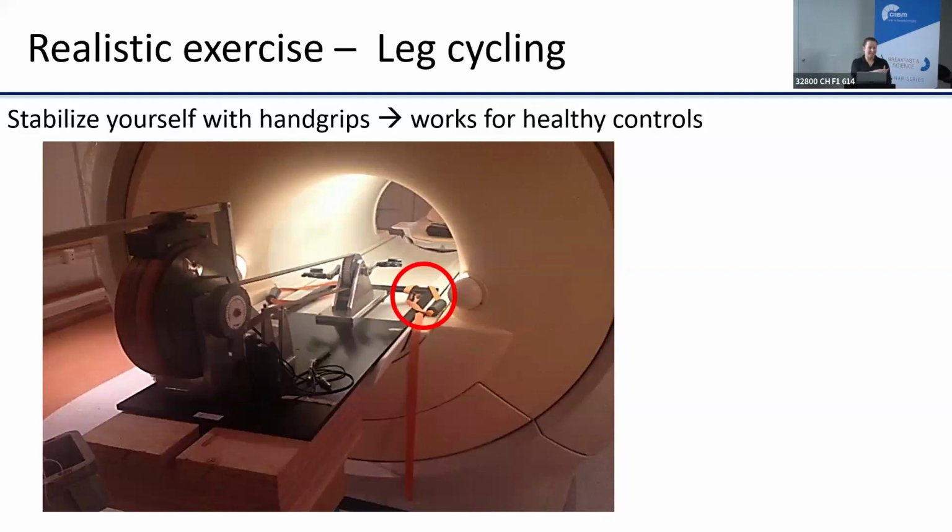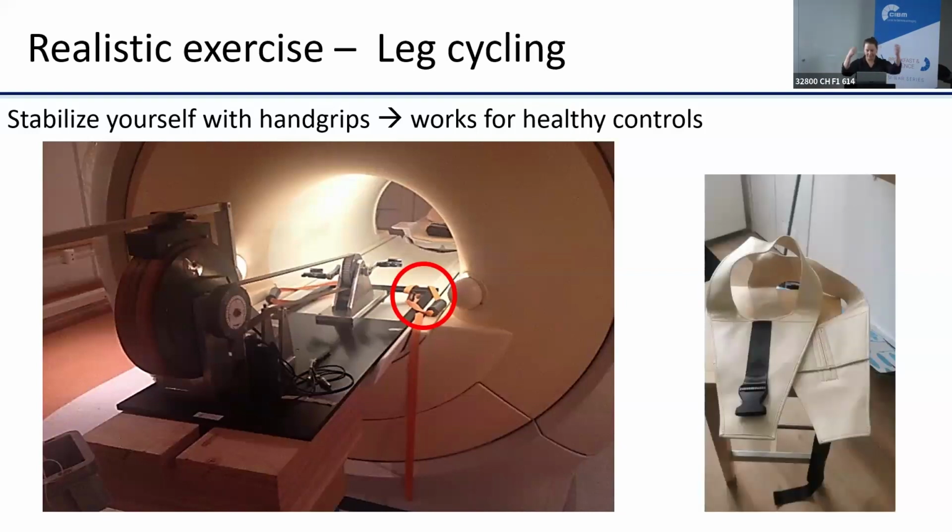But if you want to ask a patient with neuromuscular disease to perform such an exercise, you cannot also ask them to stabilize themselves and use even more muscle force. So we came up with a jacket which you can put on, and then instead of the hand grips, we could fixate the jacket to the bicycle, and then the participant remained in the same position, and they could still do the cycling experiment without also tiring their arm muscles.